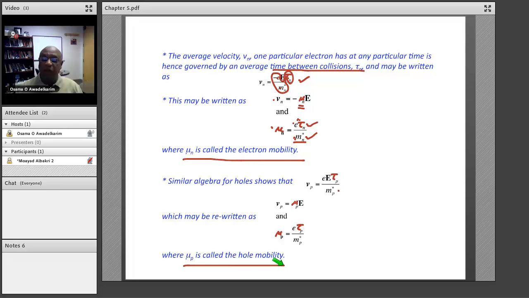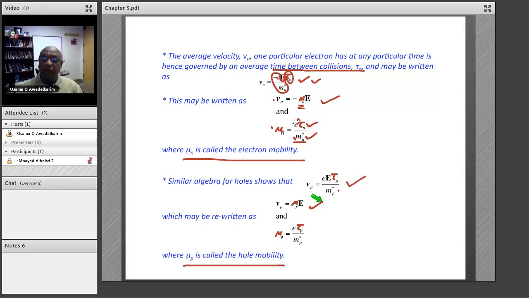All of these concepts we needed to determine the average velocity of electrons, as well as the average velocity for holes. So we can write the average velocity for electrons as simply the mobility of electrons times the electric field, and the average velocity of holes as the mobility of holes times the electric field. So now we have the mobilities.